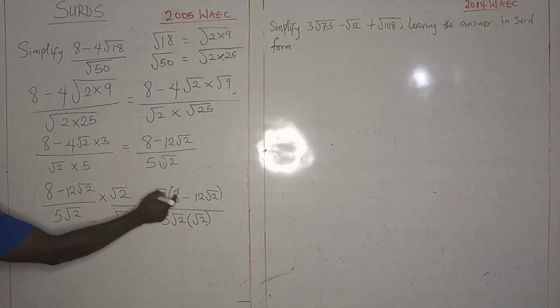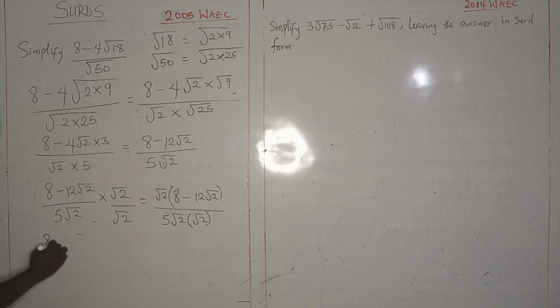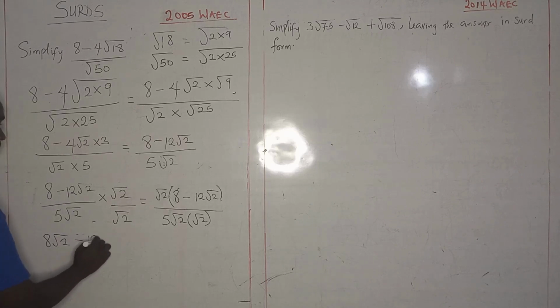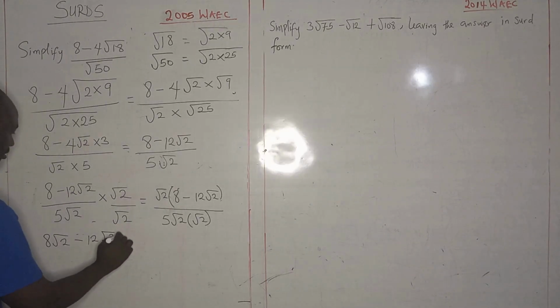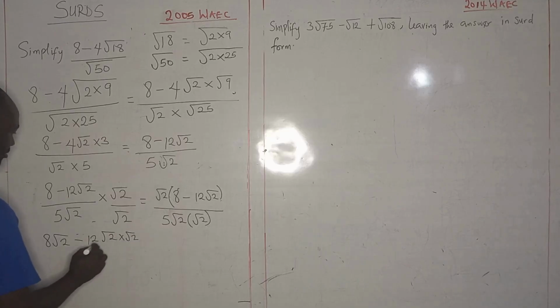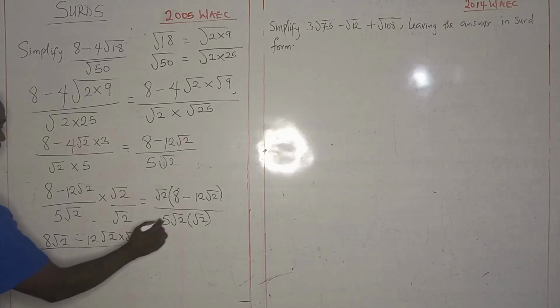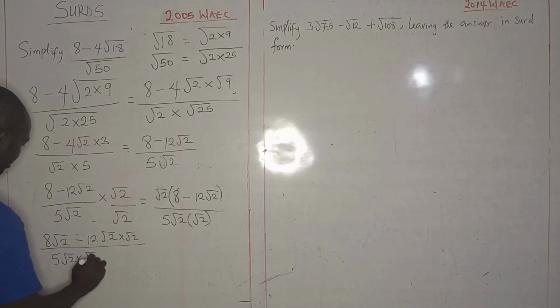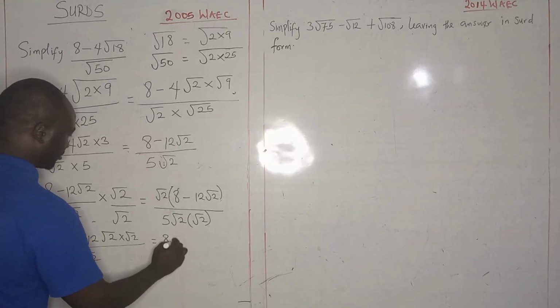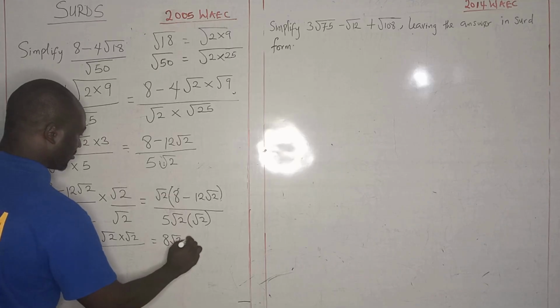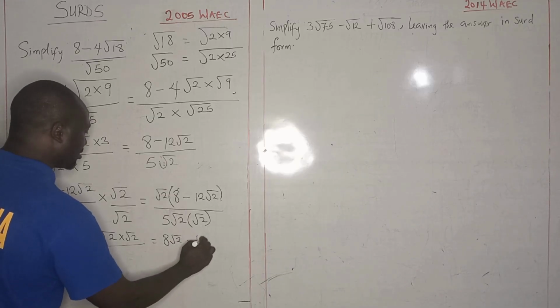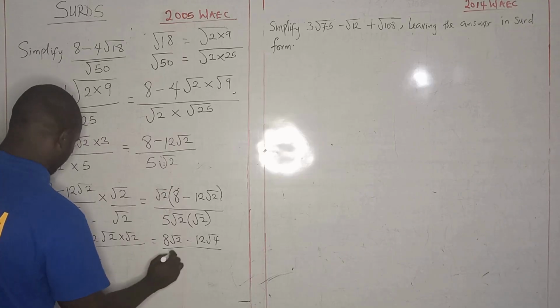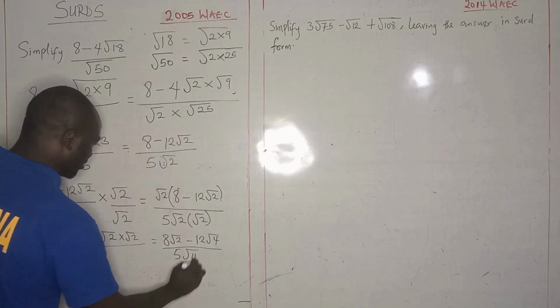It means root 2 multiplied by 8, we have 8 root 2 minus, now 12 root 2 multiplied by root 2, that would be root 4, over, now this one, 5 root 2 multiplied by root 2. This will be 8 root 2 minus 12 root 4 over 5 root 4.